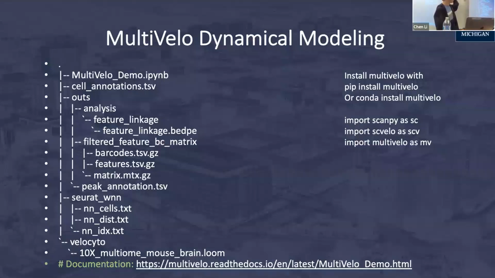Because in this data set, we are using a gene-centric approach. All the peaks need to be aggregated to each gene first, and this file is for that. And then similar to all the other 10x results, we have the barcodes, features, and the matrix for RNA-seq and the ATAC-seq expressions. We have peak annotations.